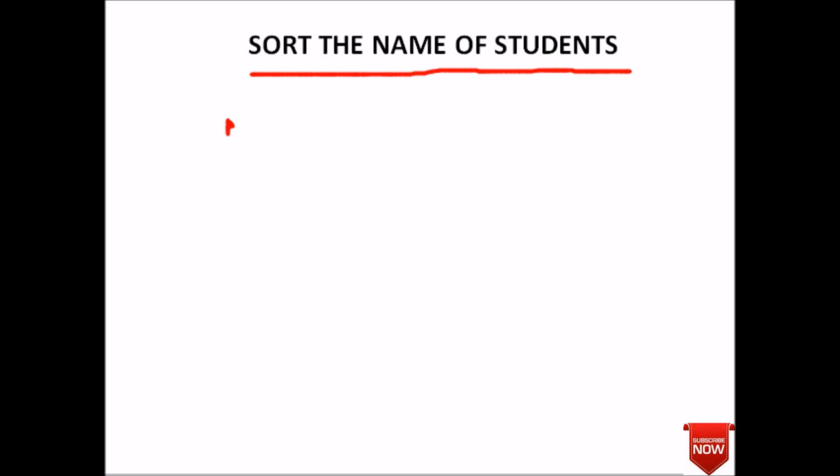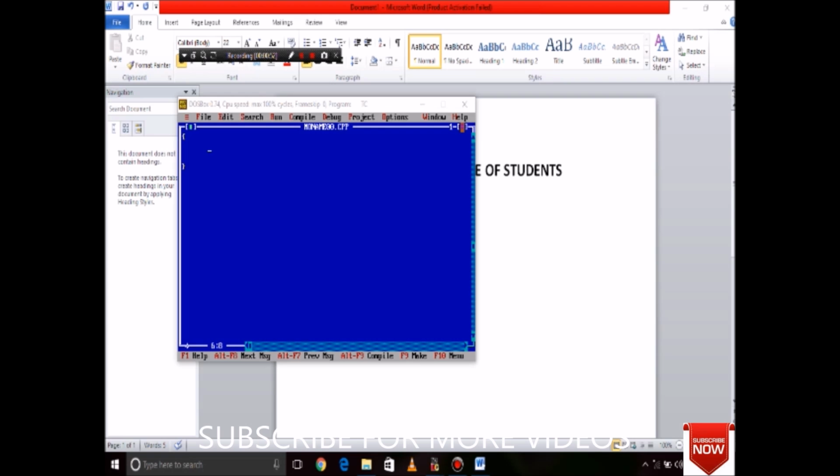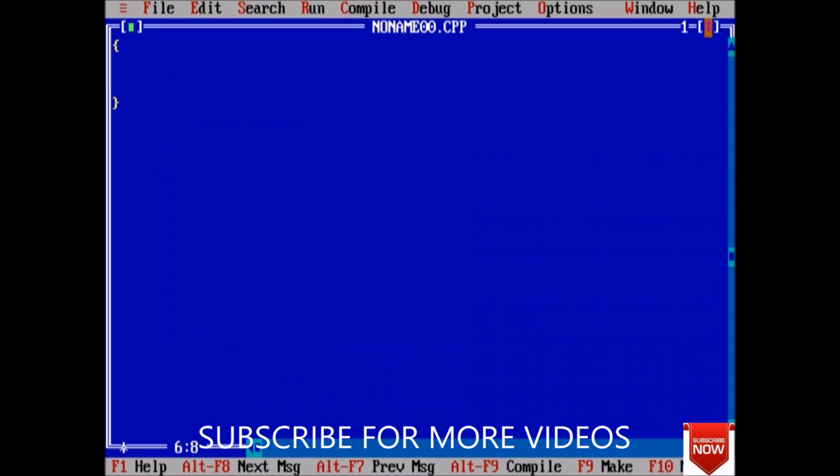So coming to Turbo C++, we will directly write the code to sort an array of strings. First of all, declare some variables: a character string for names of size 5 by 10, and another variable, temp, of size 10 to temporarily hold the value, and integers i, j and n.